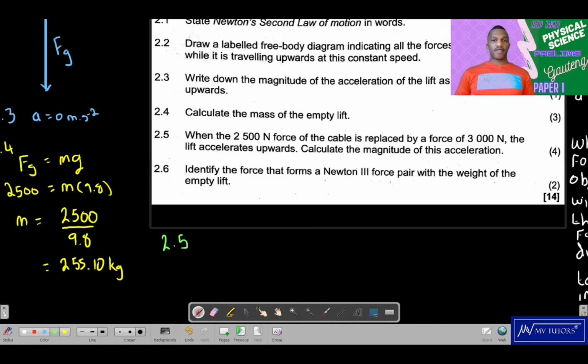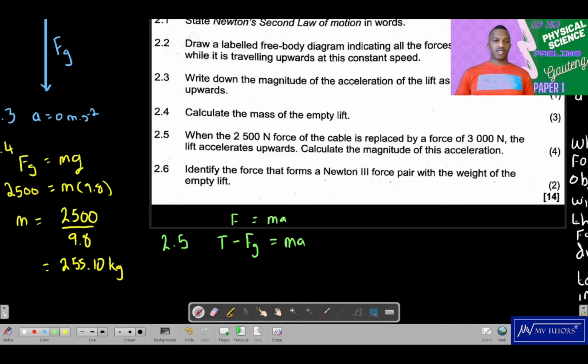What we have here is that 3,000 replaces the 2,000. So that means we have a disparity now. Tension is no longer equal to the force of gravity. There's a difference, and that's going to be equal to ma. Remember, this is coming from force is equal to ma.